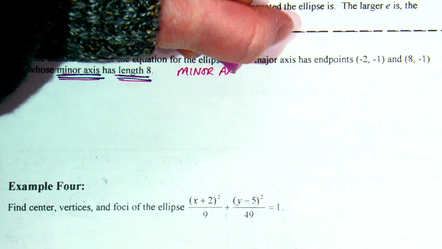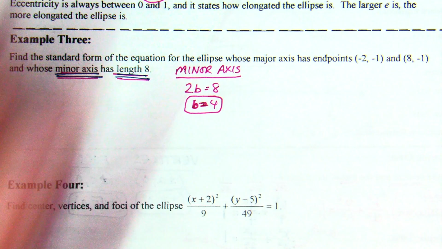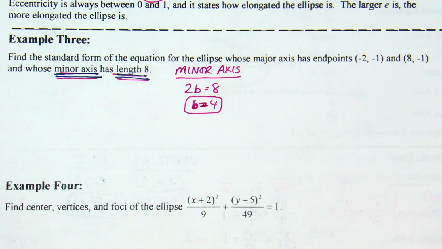Minor axis equals 8. According to the chart, the minor axis is 2b. So we know 2b equals 8, and then using our math skills, b is 4. Are we good there? Okay. What else?